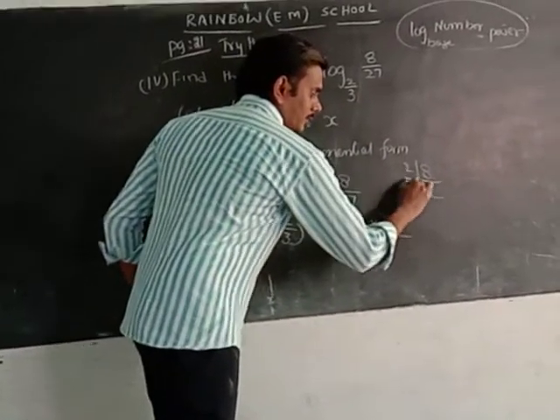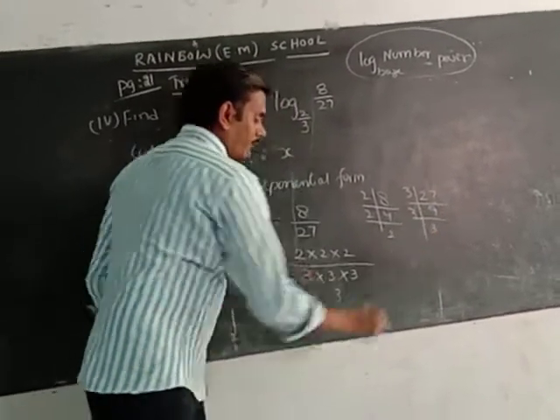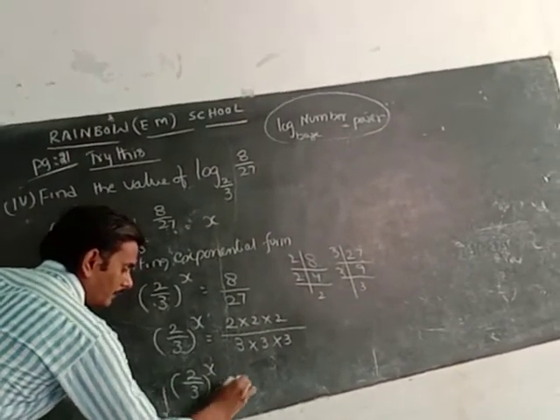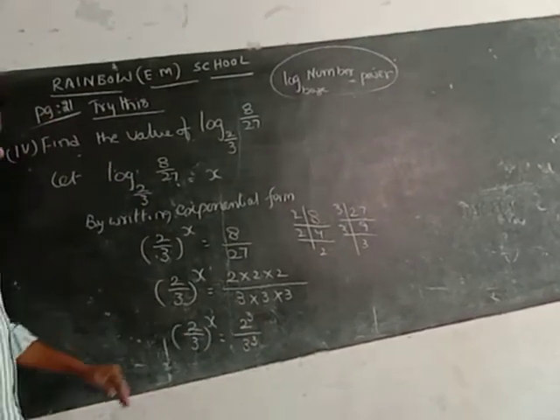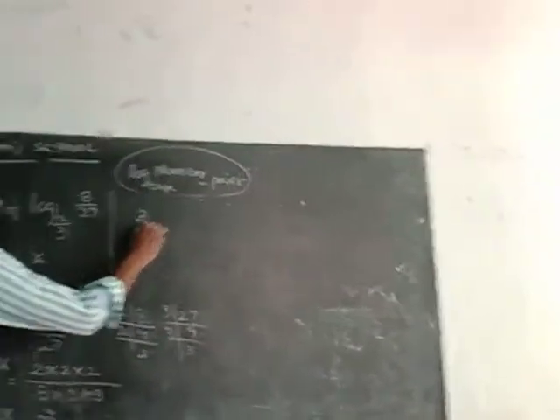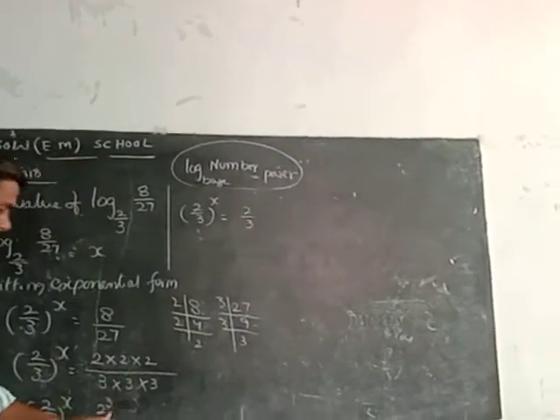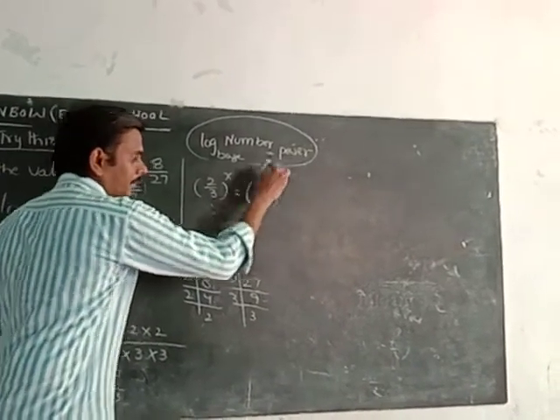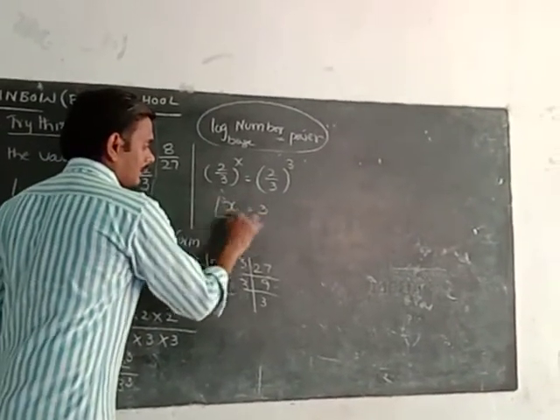So 2 by 3 whole power x equal to 2 power 3 by 3 power 3, which is 2 by 3 whole power 3. Whenever bases are equal, we equate the exponents. x equal to 3.